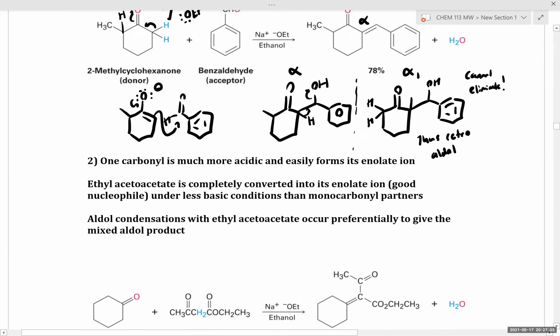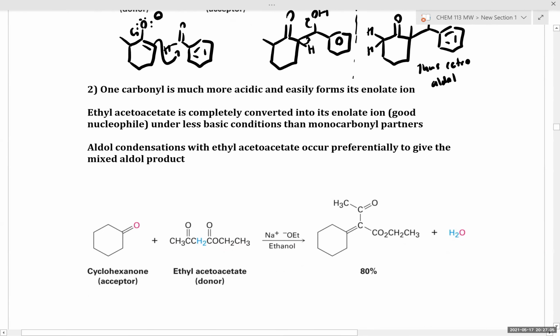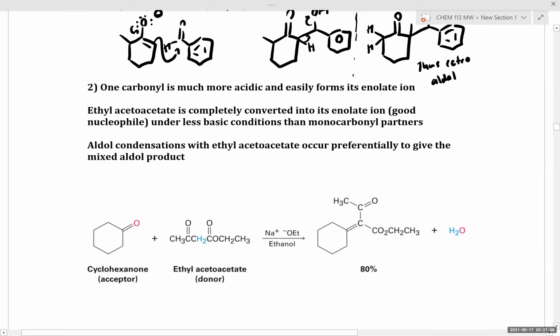The other way that you can really load the dice and make one aldol product preferred is by using a carbonyl that has a much more acidic alpha proton that you can readily and preferentially generate an enolate from. Ethyl acetoacetate, for example, is quite acidic.